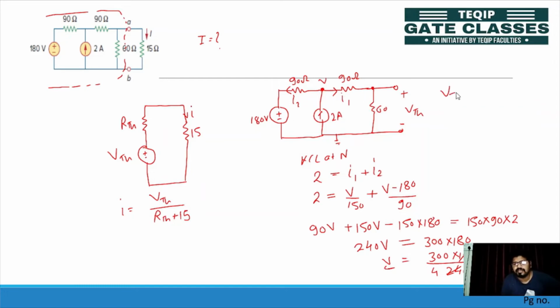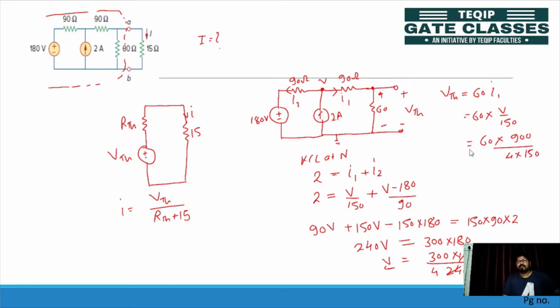VTH is basically the voltage at this branch. That means 60 into the current in this branch, which is I1. So if you get V, then you can find I1, that is 60 into I1, where I1 is V by 150. You got V here, so 60 into V, that is 900 divided by 4 into 150.